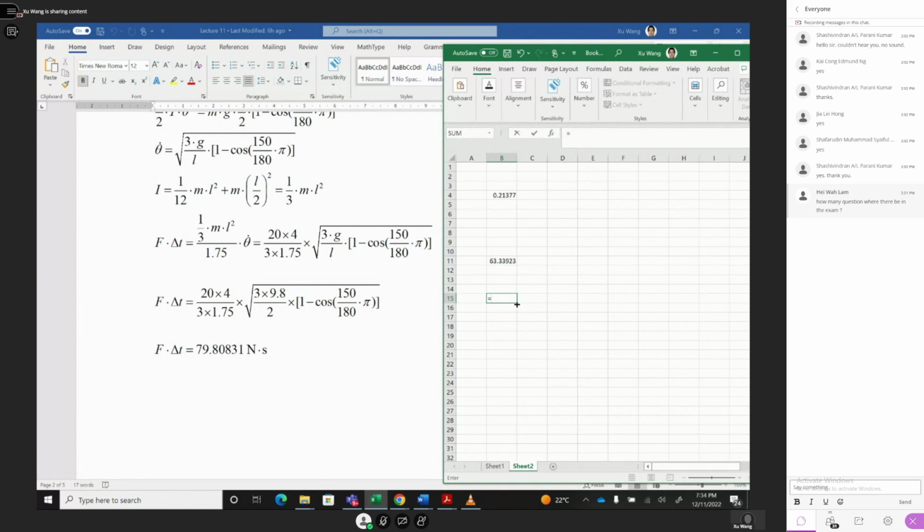Equal to what? Equal to 20 multiply 4, divided by 3 and 1.75. Okay, and multiply square root.